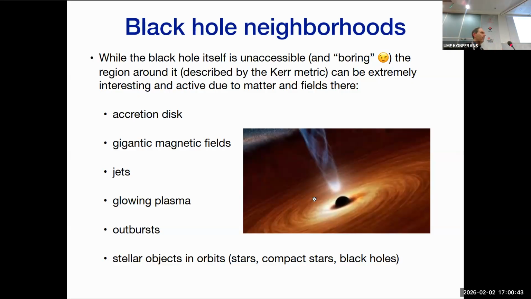The black hole itself has no magnetic field, but you have charges there that rotate and they create a magnetic field. You can have jets then, charges that are accelerated in a magnetic field, all kinds of things. And so that's why black holes are interesting. What's going on around them?